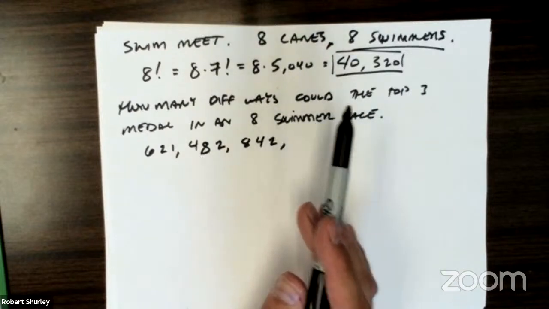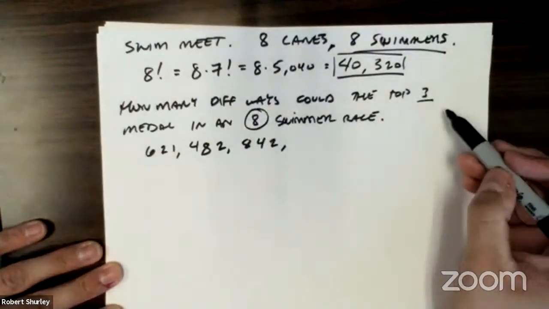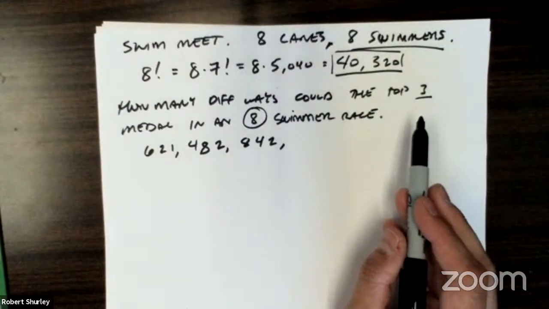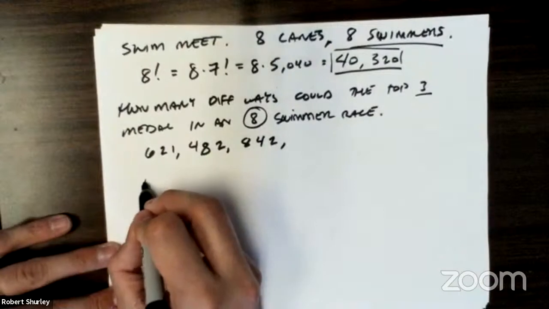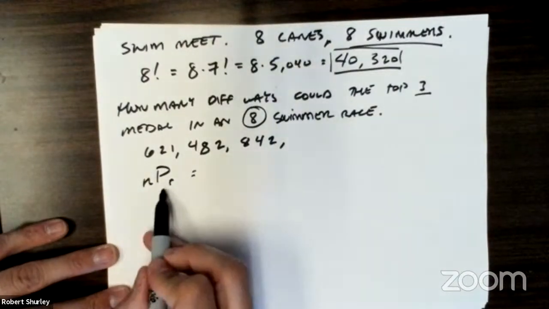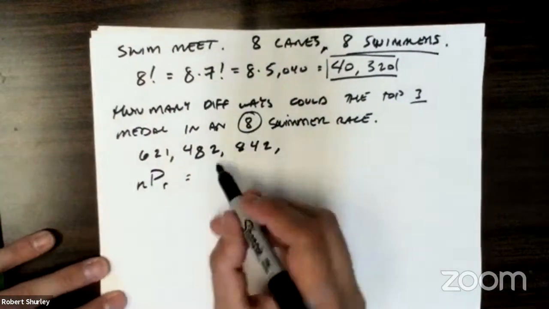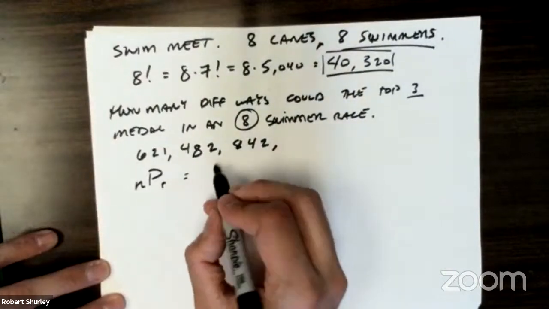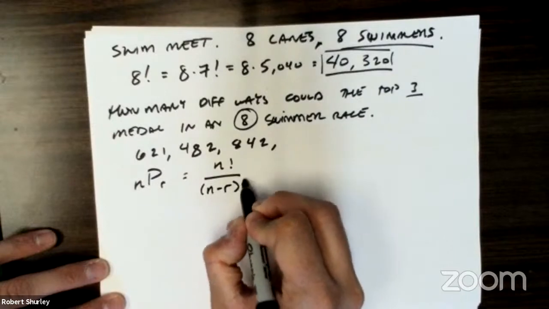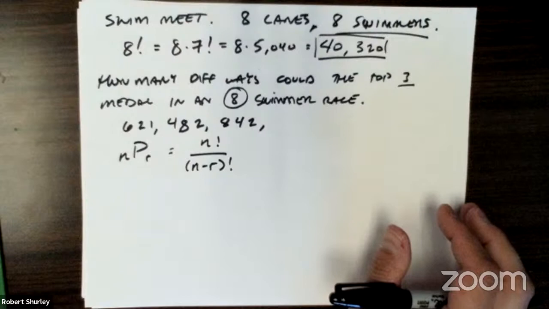The difference for this one is we're only using the top 3, even though we've got 8 swimmers. There's a formula for this, and we label it n permutate r. R is the smaller group, n is the larger group like we used before. It's on page 459 if you're following along. It's n factorial over n minus r factorial.